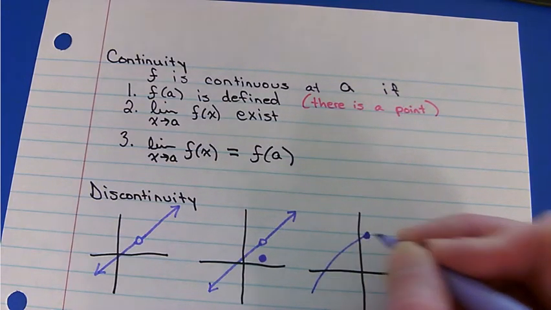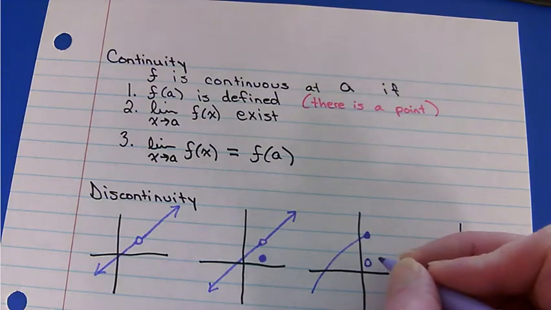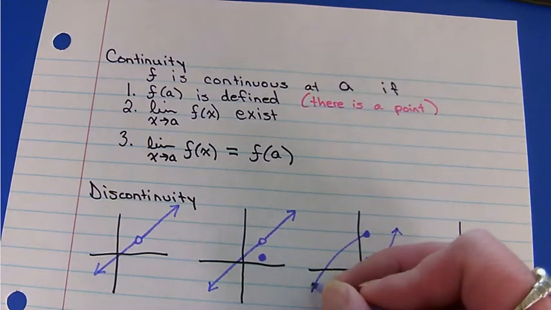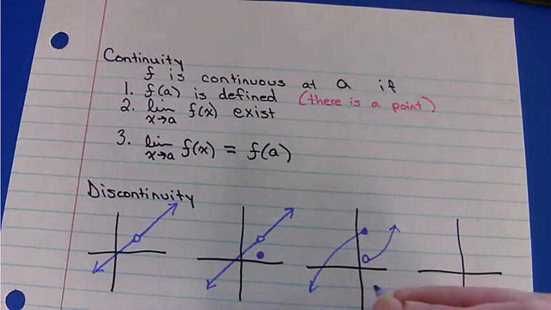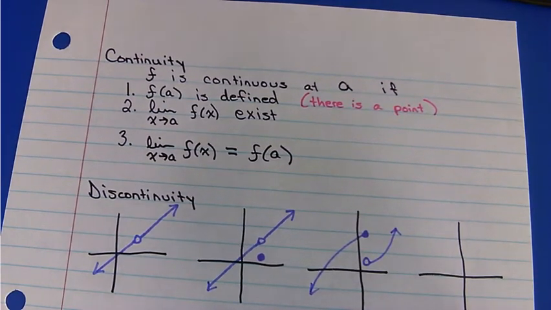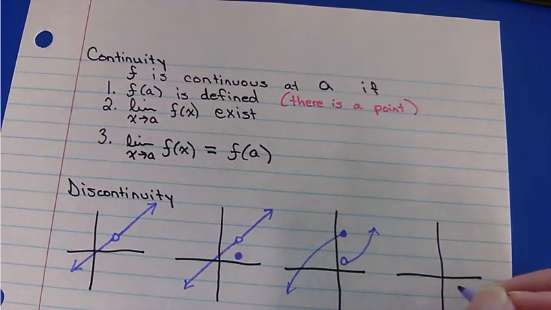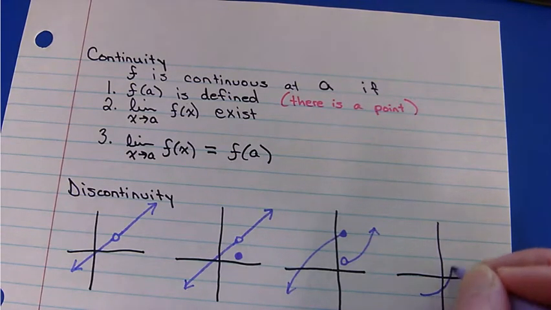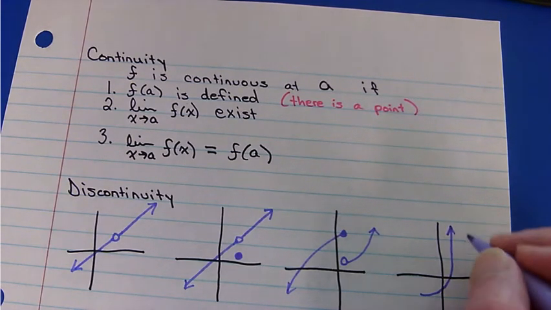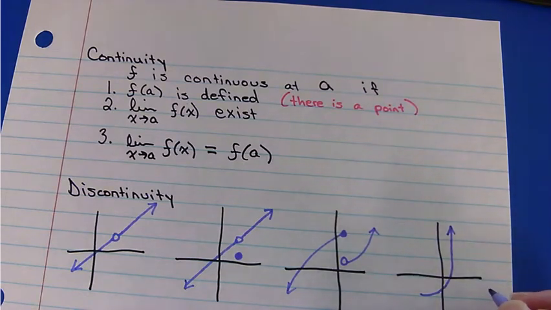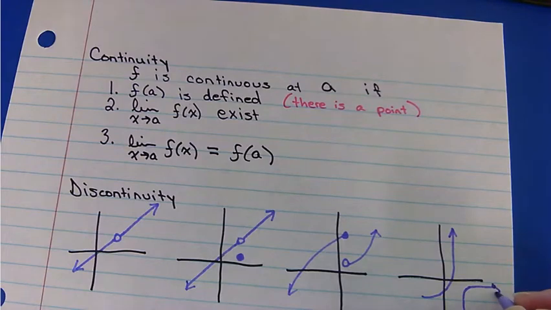Maybe it even exists here, but doesn't exist there. So the limit does not exist on this one. And then we could also have maybe something like this.